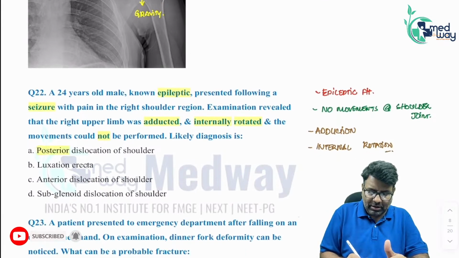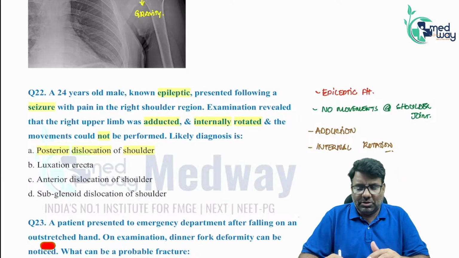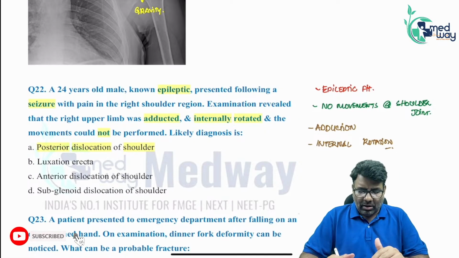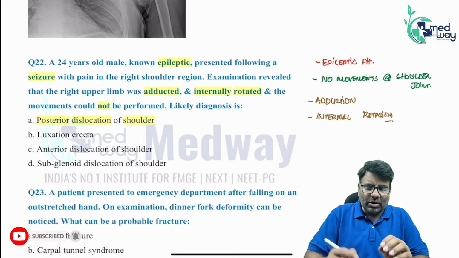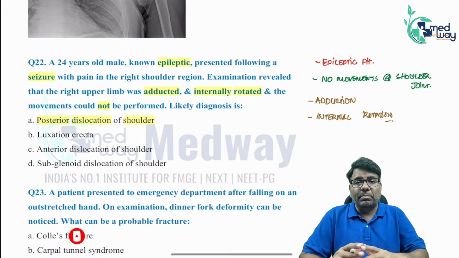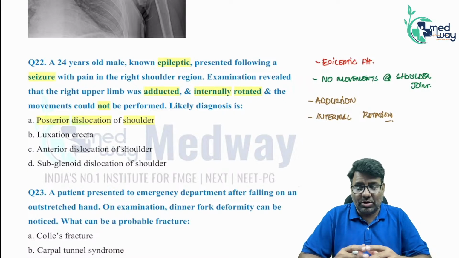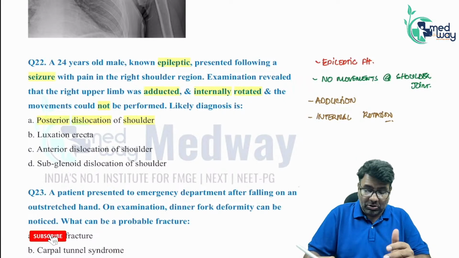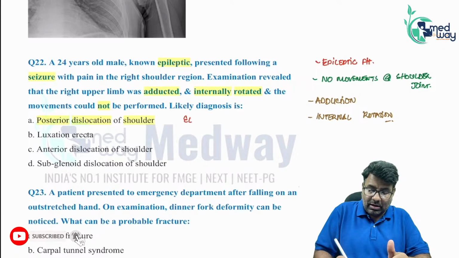So this is posterior dislocation of the shoulder, and it's not that common an injury. There are a few conditions which predispose to posterior shoulder dislocation. One is of course epileptic fit, or sometimes electrocution.